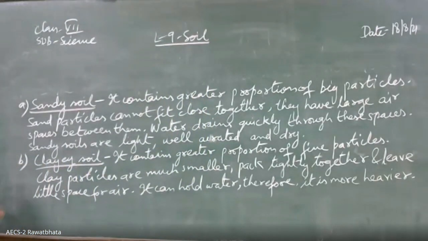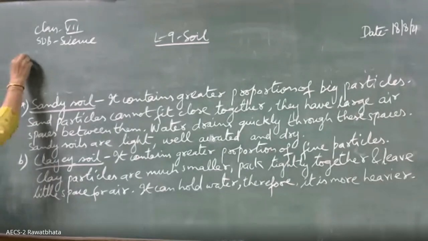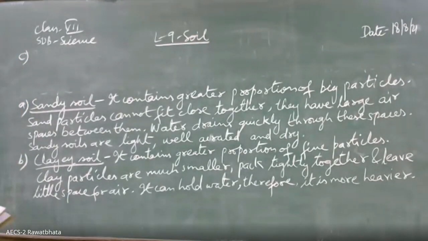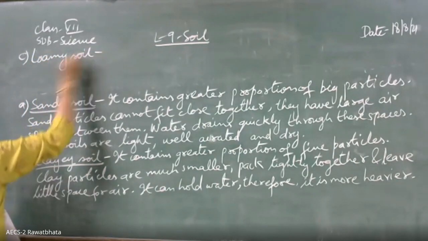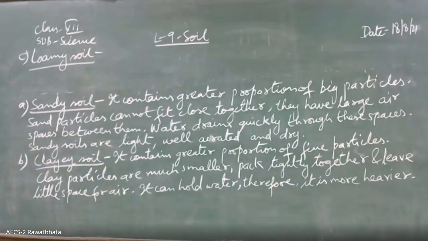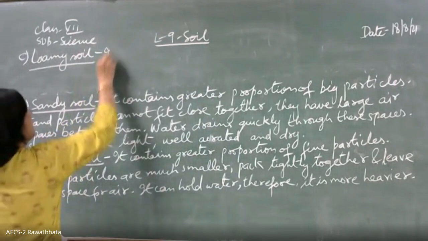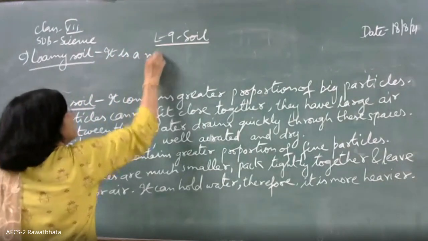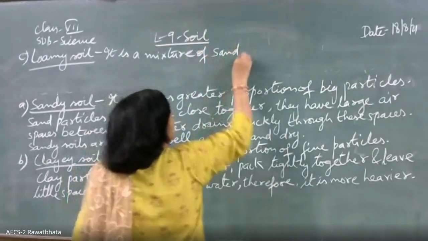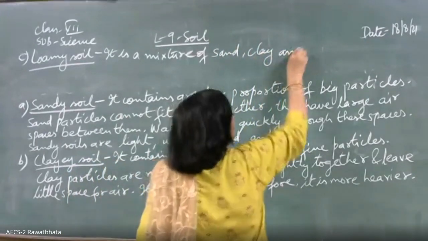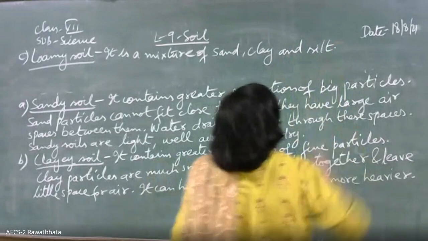Now here the C part of it. Loamy soil. It is a mixture of sand, clay, and silt. I'll explain to you about this silt.